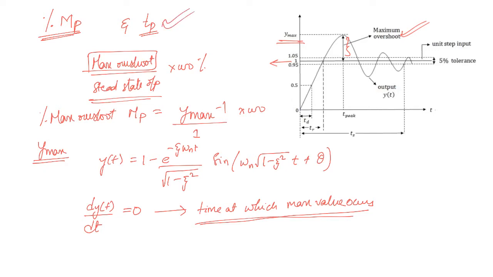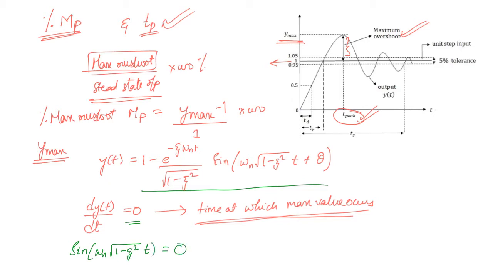That is what is represented in the diagram also, the value of time at which the maximum value is reached. If you differentiate this expression and equate it to 0, then the final expression that you're going to get is sine of omega n root over 1 minus zeta square t is equal to 0.